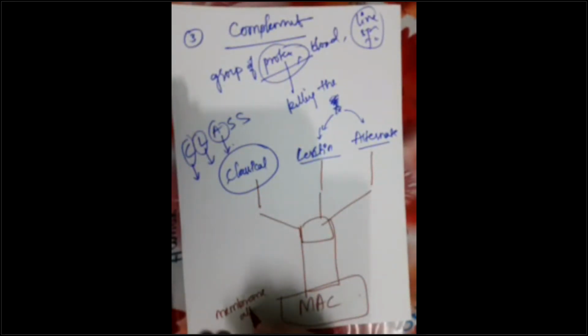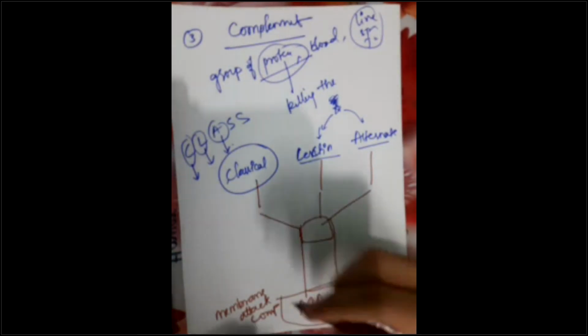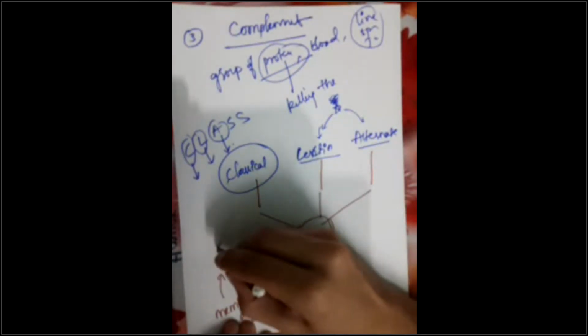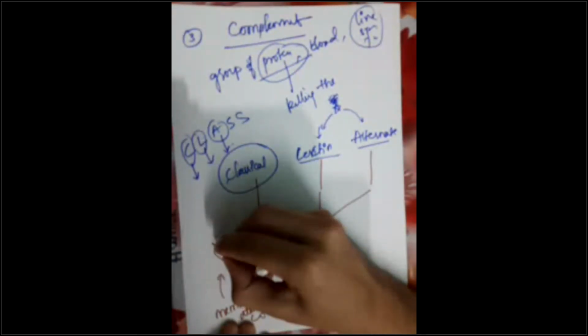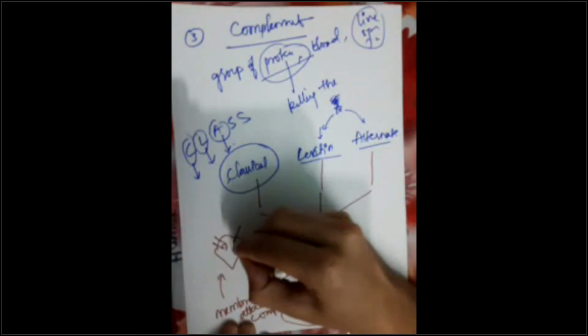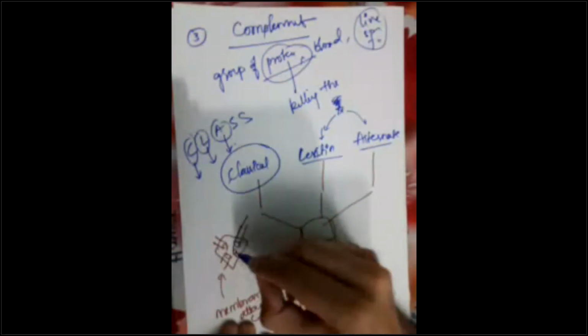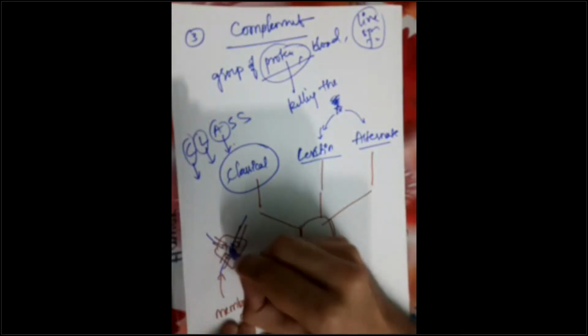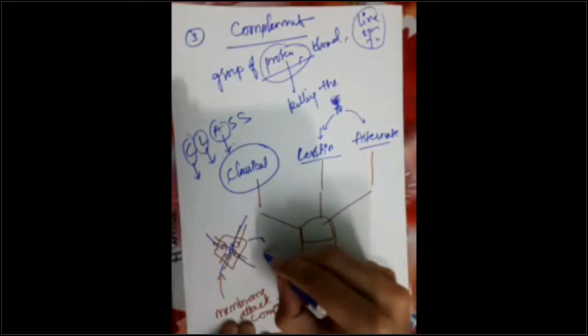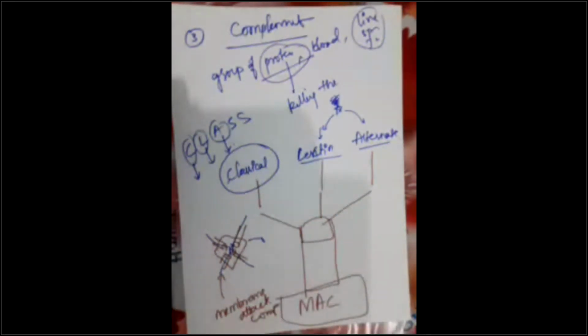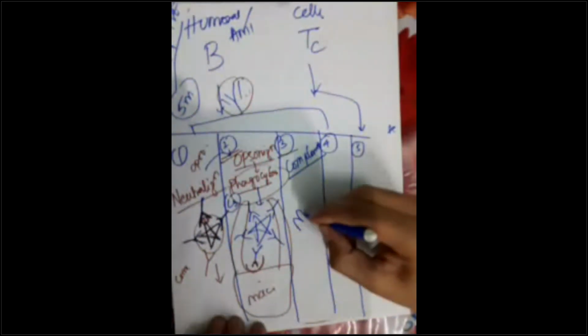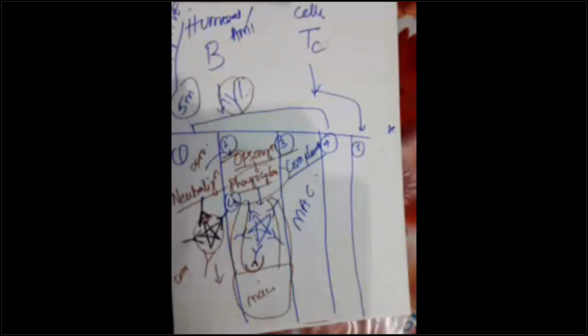If this is the cell of the bacteria, the membrane attack complex will attack the membrane and form holes in it. This will cause entry of fluid inside, causing swelling and bursting, killing the bacteria. So the bacteria is killed by MAC, the membrane attack complex.